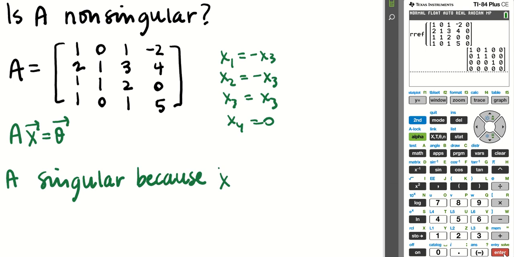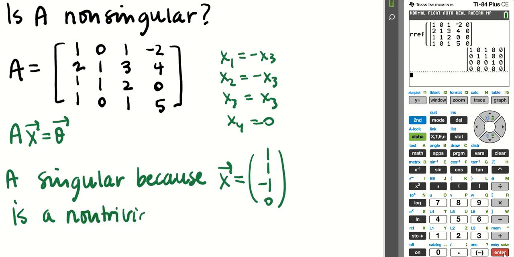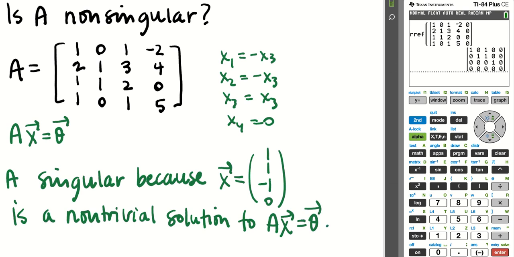Okay, because x equals, and I'm just going to choose x3 equals, we'll say -1, right? So it'd be 1, 1, -1, 0 is a non-trivial solution to AX equals 0.